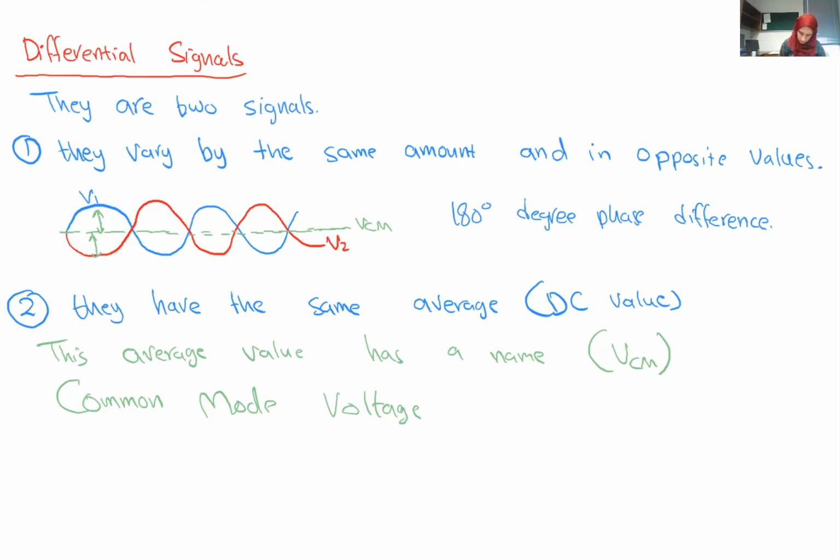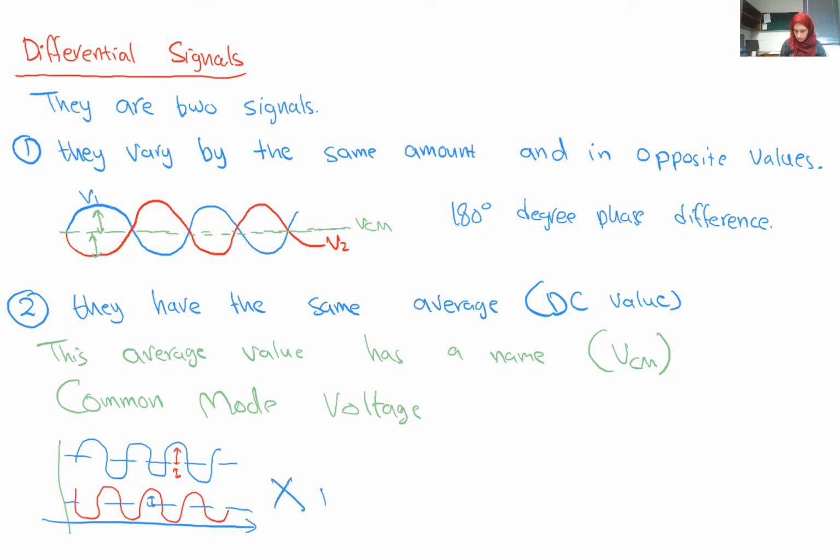For example, if you have these two signals, one is going up and the other is going down, and they have similar amplitudes up and down, but the average is different, and therefore these are not differential because they don't fulfill condition 2. This is not a differential signal. Okay, is there any question on this?